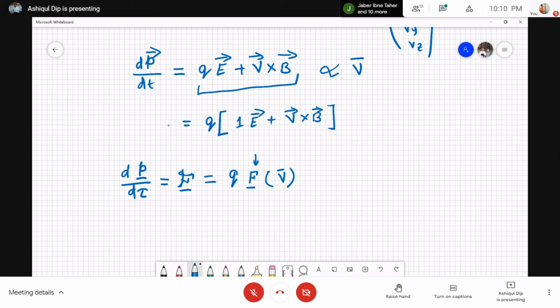We are still having a 1 form. That's it. So what is this object? This one is a 1 form. This is a vector. So what kind of object should that ordinary F, the field F, be?